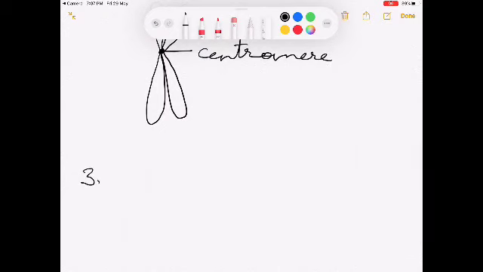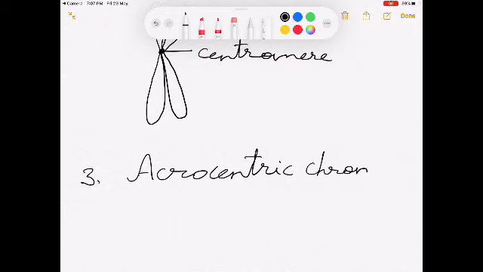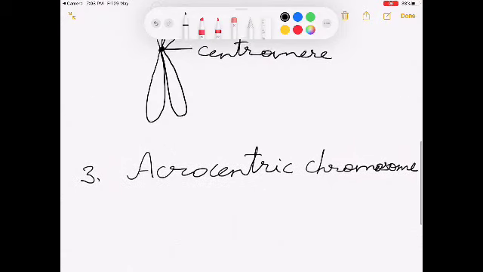Now the third category is acrocentric. Acrocentric chromosome. In this chromosome, the centromere will be lying at one side of the chromatids, just near the tip, not at the tip but nearby. In this type, one arm is very short and one arm is very long.